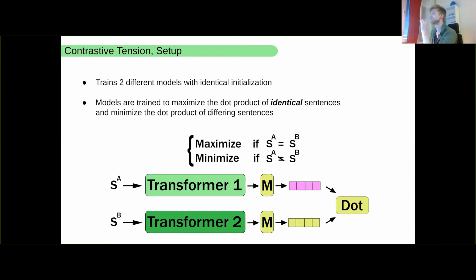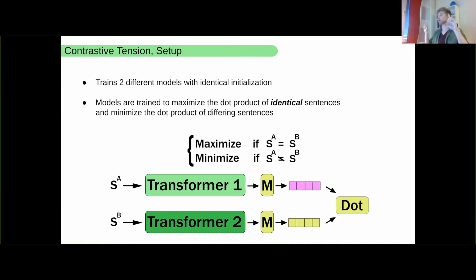we'll try it. So what I'm saying here is that we have 2 different embedding spaces, and we're going to initialize them identically, meaning that in the start, before we do any training, we will have 2 embedding spaces that have completely identical positioning of all potential sentences, right? And then we're going to say that, okay, I want the sentence embedding between these 2 models.